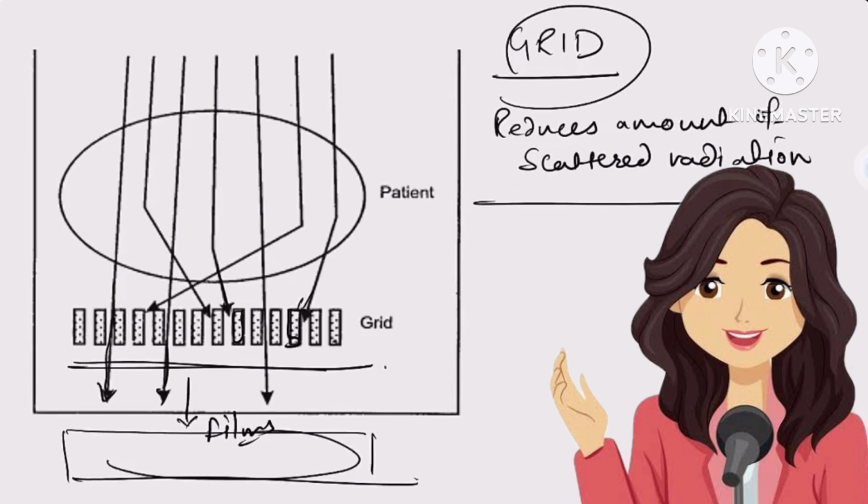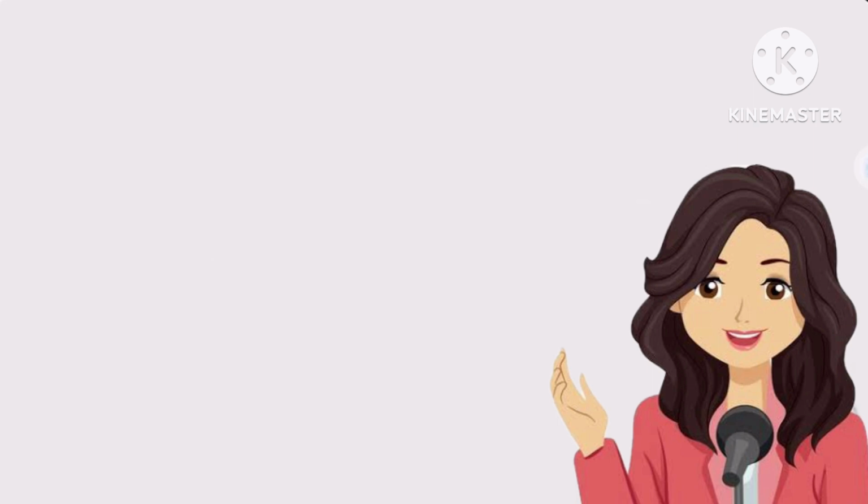All right. Now there are two types of grids which are present. First we have the stationary grid. Second we have the moving grid. Moving, it keeps on moving. Stationary, you just keep it with the cassette.